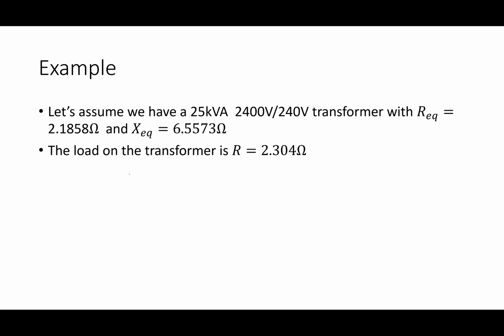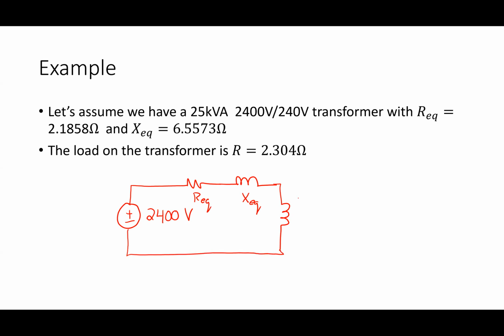All right. What I want to figure out is the voltages and stuff. So basically, in this case, I'm going to say I got 2400 volts. And then I have REQ, XEQ. And then here's my ideal transformer. Okay, and then I put my load on here.